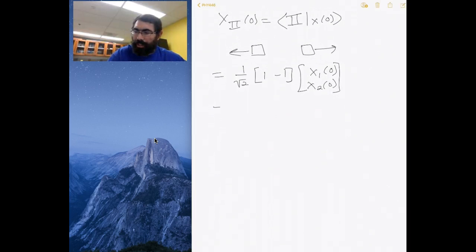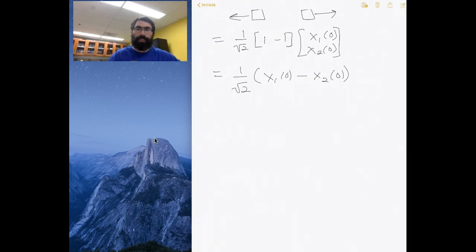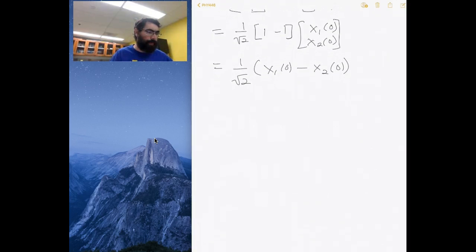When I multiply that out, I get 1 over the square root of 2, x1 initial minus x2 initial, like that.